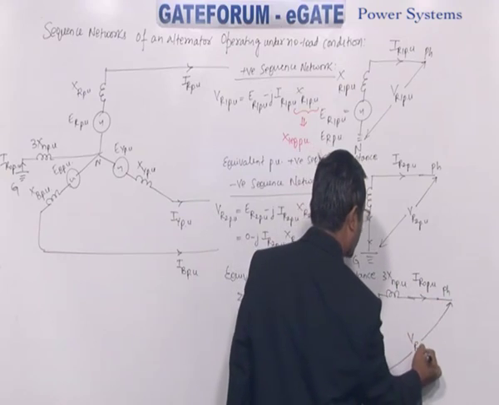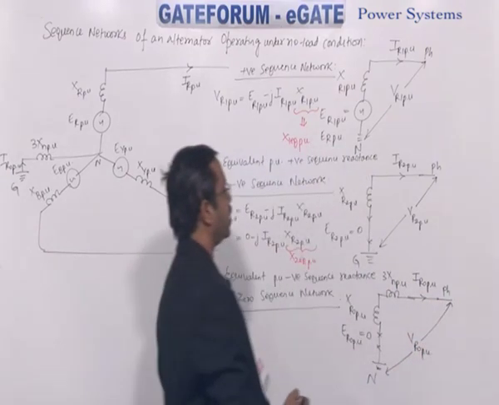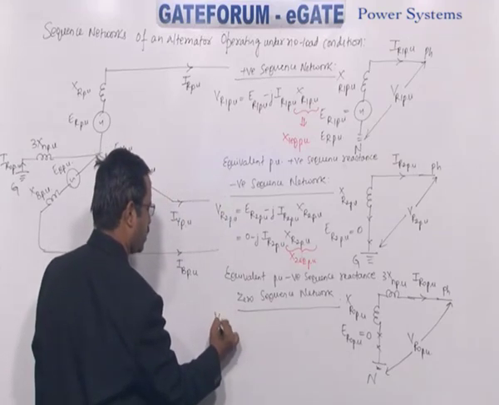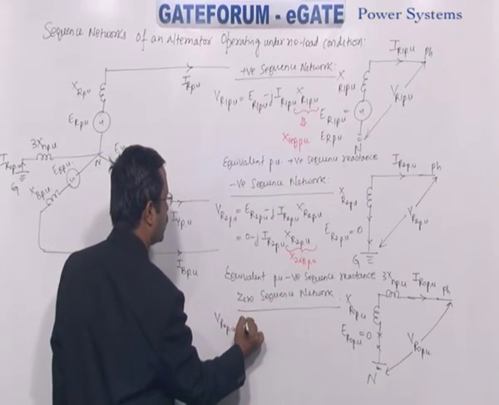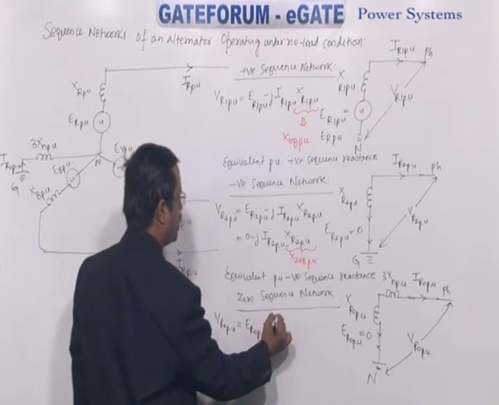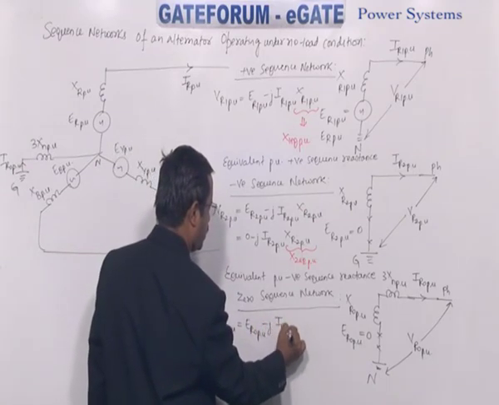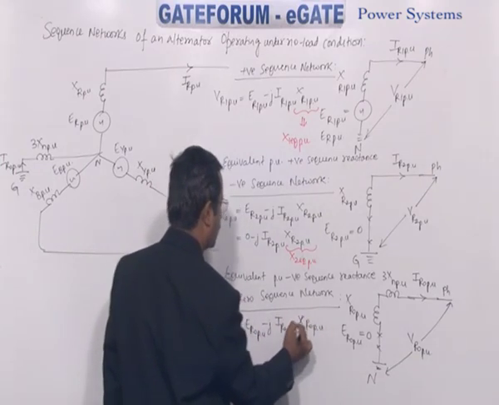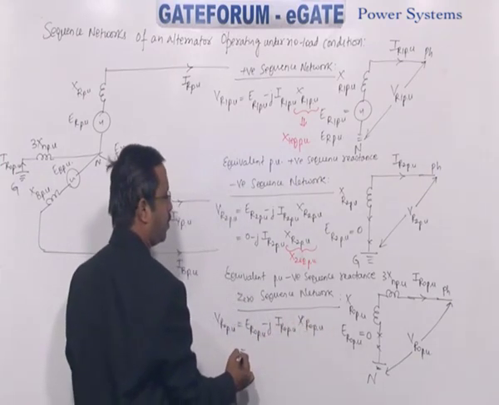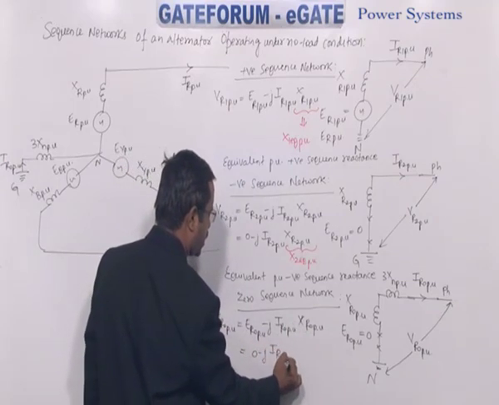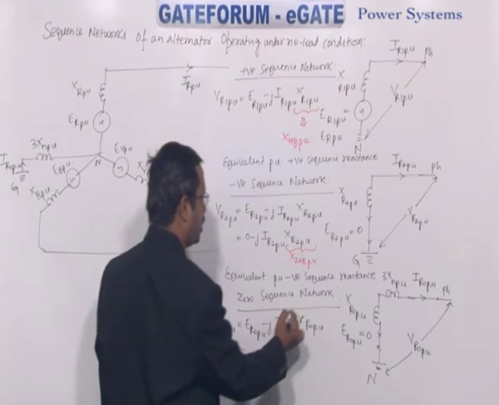So we have to check what is VR naught per unit. How do you write it? ER naught minus J IR naught into XR naught. How much is ER naught? 0. So minus J IR naught per unit.